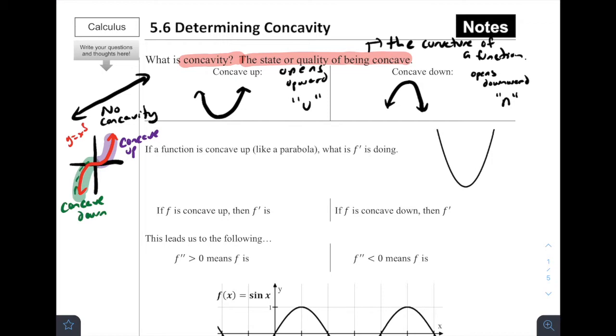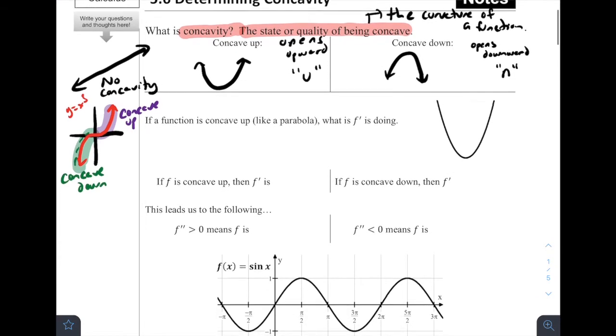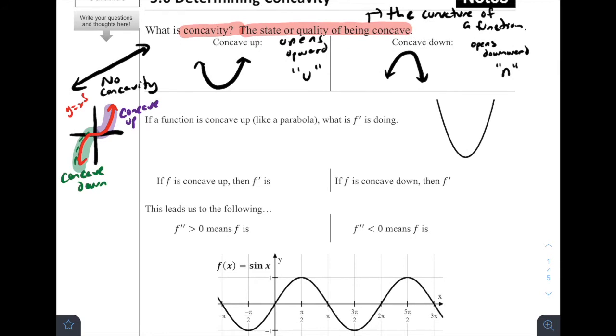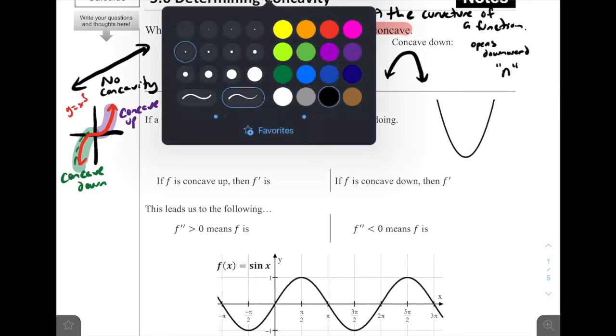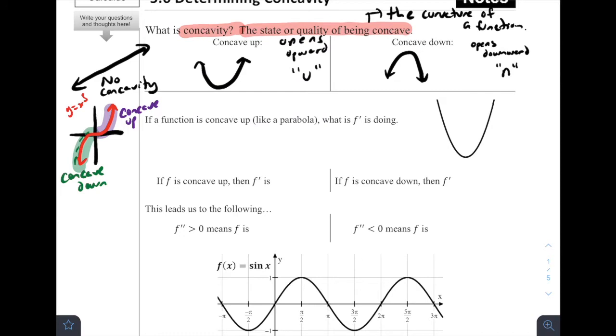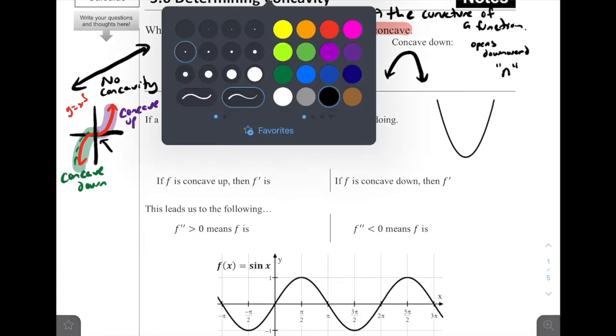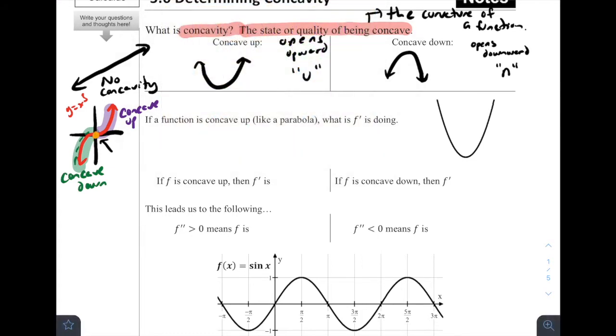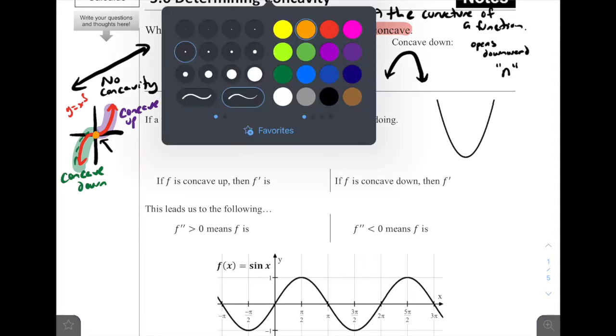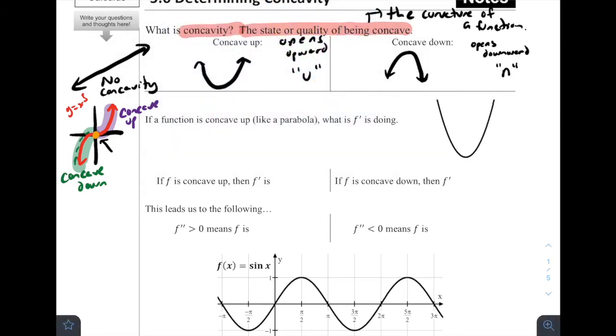While we're at it, I'm going to introduce a new definition, which is called a point of inflection. This exact spot, which I'll highlight in orange, where the concavity changed from being concave down to concave up, is what's called a point of inflection.